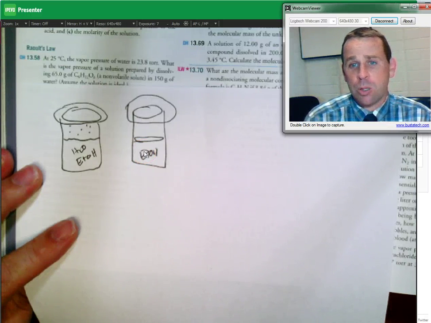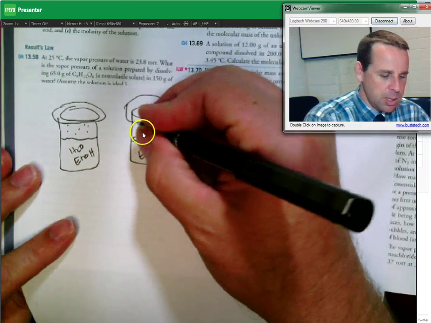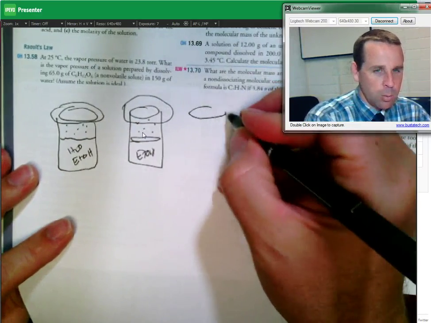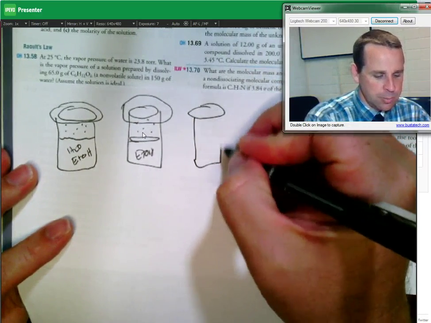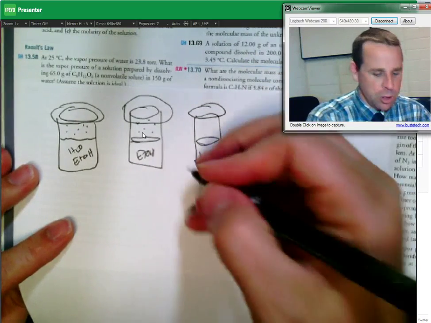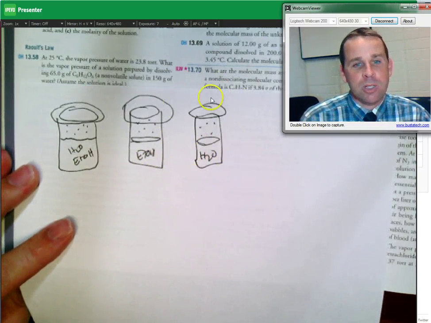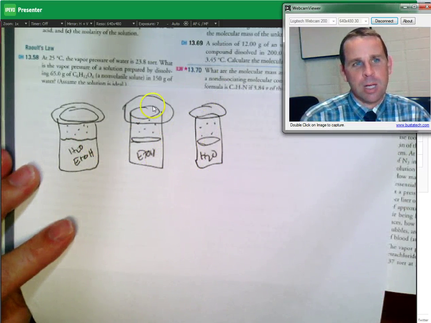It evaporates at a lower temperature. So at the same temperature, water and ethanol is going to have less vapor pressure than just ethanol by itself. Where would just water all by itself be? Well, obviously water would be the least of all three.